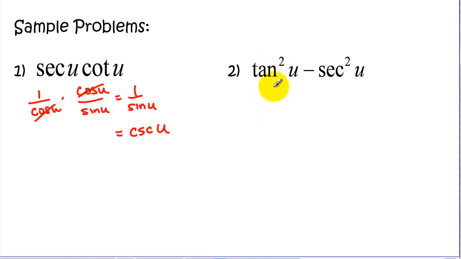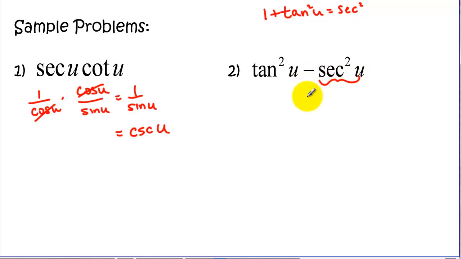Now we can use a Pythagorean substitution here. So we're going to use the Pythagorean identity here, 1 plus tangent squared of u equals secant squared of u. In fact, let's just, instead of solving this for tangent squared, let's just do that substitution over here.